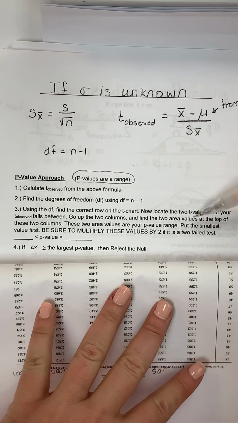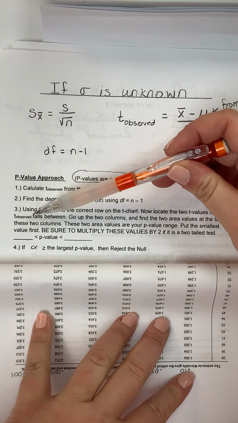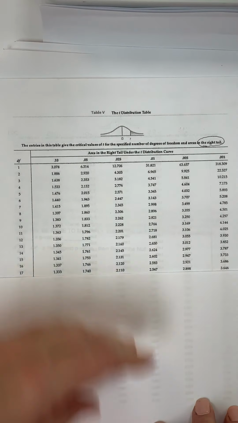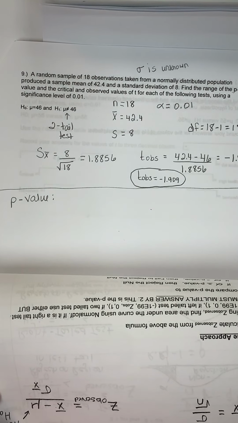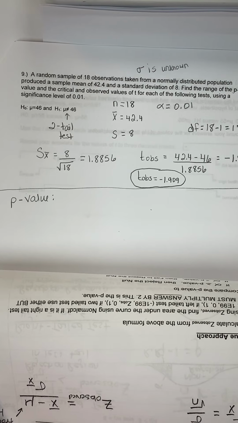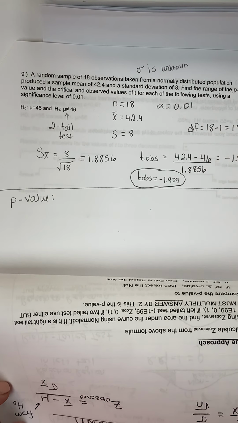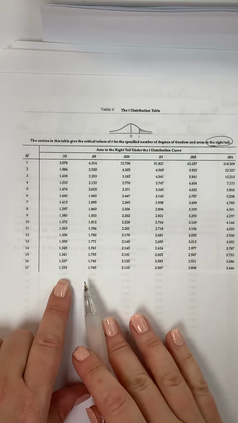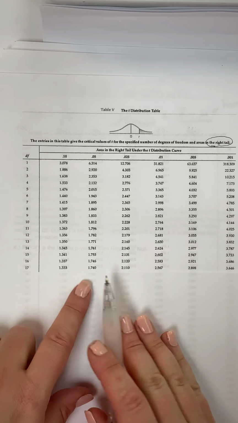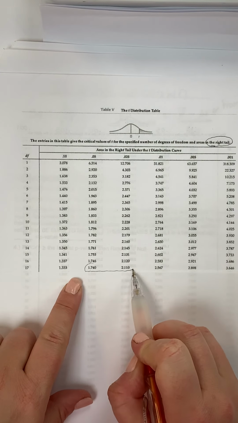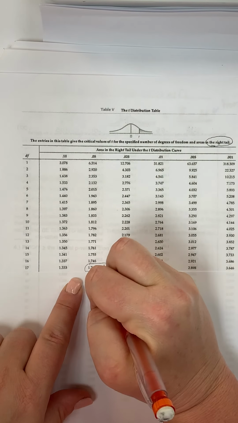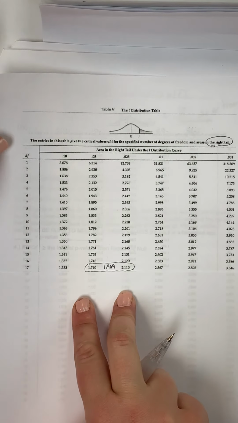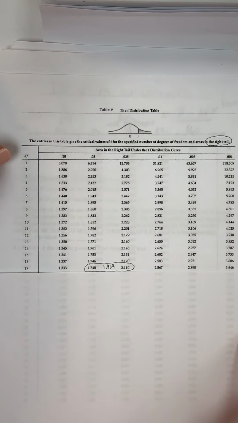Now locate the two t values that your t observed falls between. My t observed was negative 1.909. We're going to make it positive, and look for 1.909. On here, 1.909 would fall right between these two columns.